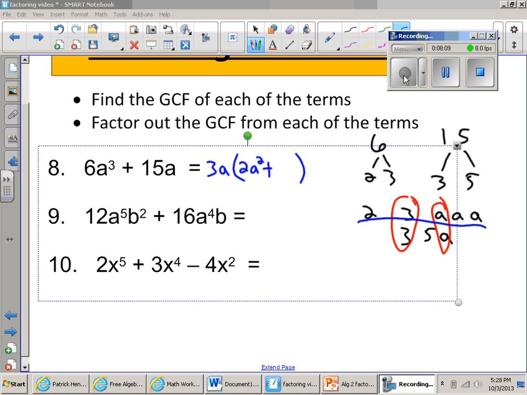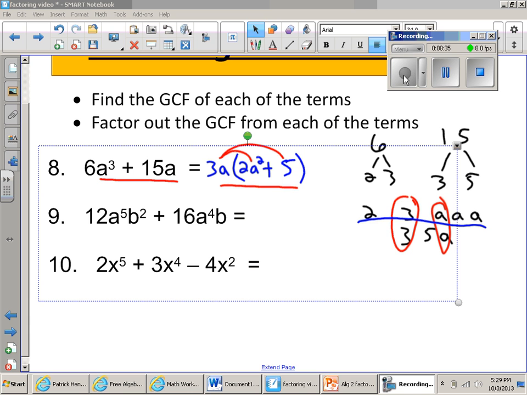What's left in the second row, or what's left of 15A after I take a 3A out? 5. Can we check this? Yes, we can either distribute it, like we learned in the previous lesson, or I can put the problem in Y1 and my answer in Y2 and check to see if they are the same.